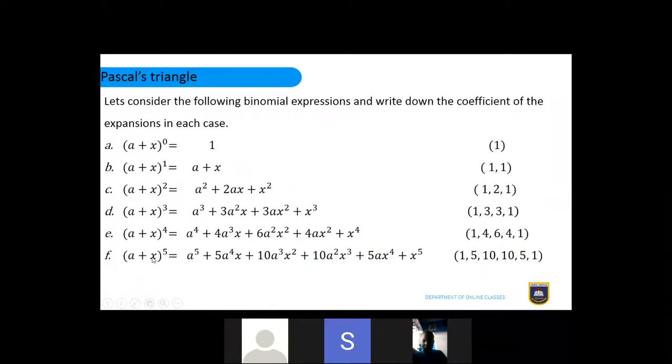And we have 5 as our exponent in the binomial, that's a plus x in bracket exponent 5. Let's consider the third term. You could see that a cubed x squared. When we add the exponents, that is 3 plus 2, we are going to get 5. The same applies to the fourth term and the fifth term here.